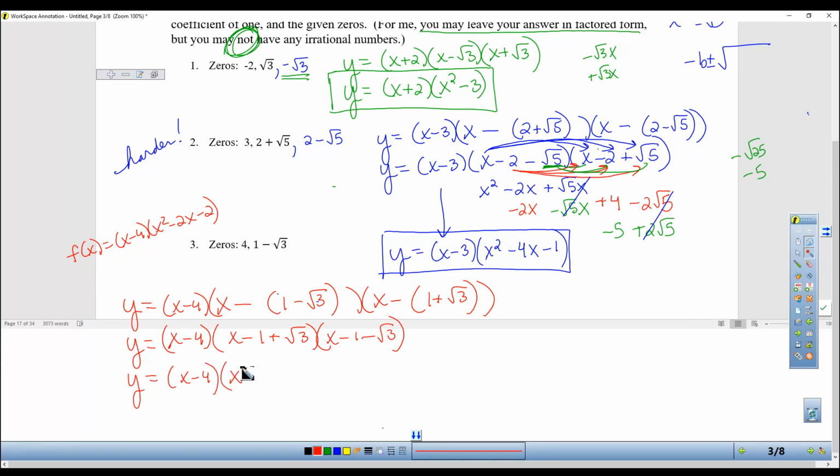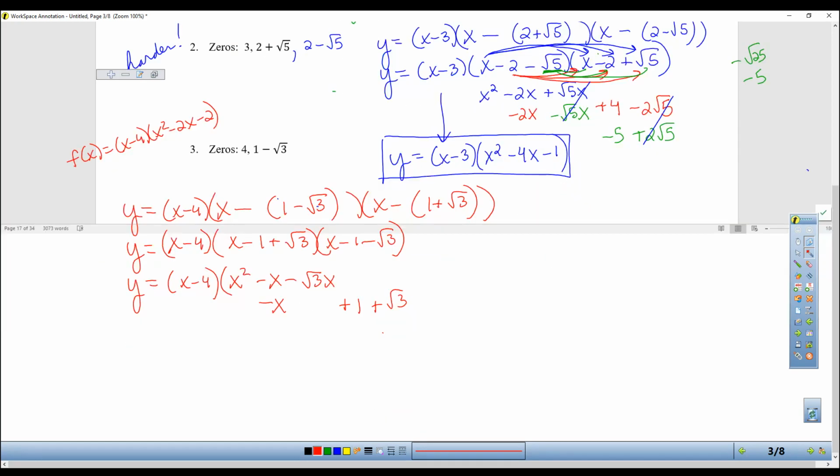And that gives me, distributing the x is x minus square root of 3x, and then minus another x, and then a plus 1, and a plus square root of 3, and then distributing the square root of 3, I get square root of 3x minus square root of 3, and square root of 3 times the square root of 3 is just 3, so minus 3.